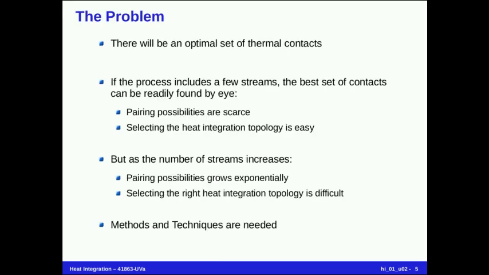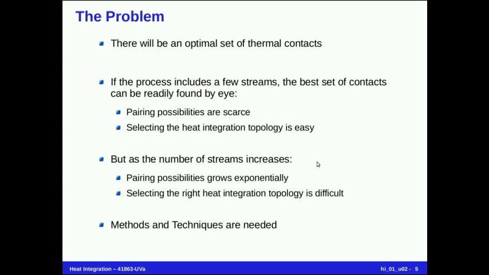For the problem then, there will be an optimal set of thermal contacts that we want to find. If the process has few streams, the best set of contacts is easily found by eye, because the possibilities are not numerous, and selecting the heat integration topology, the network, is easy.